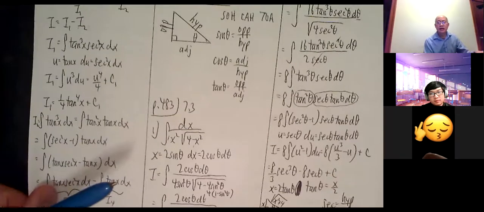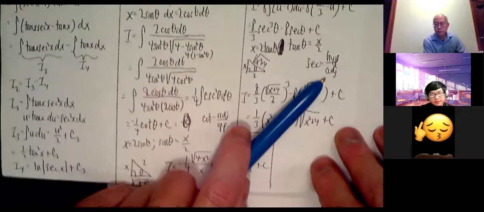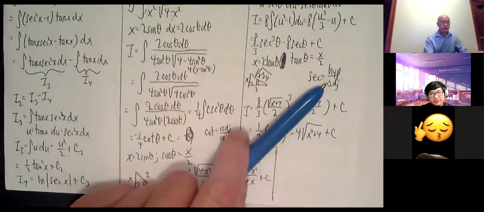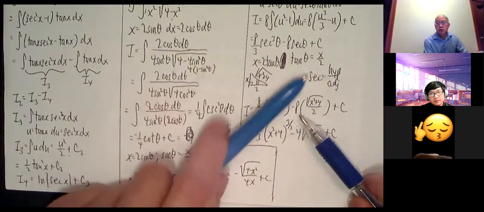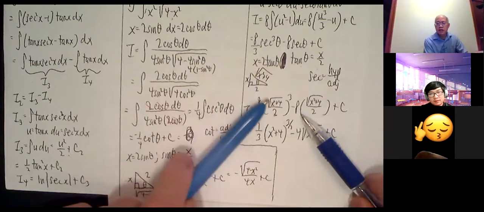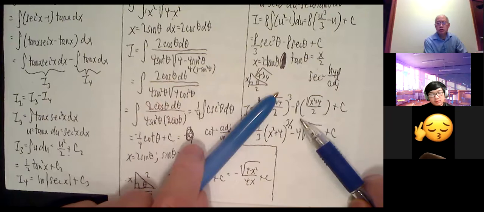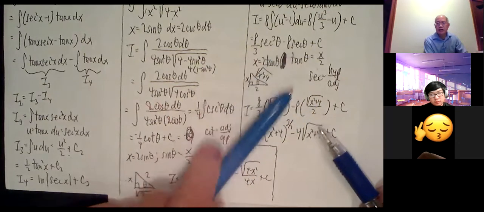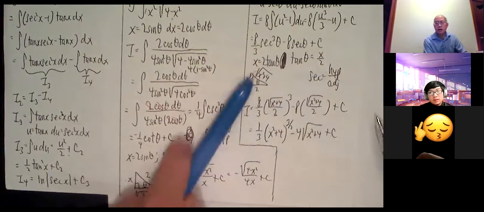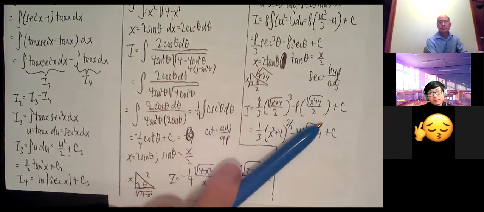Therefore, secant is hypotenuse over adjacent. So there we go. 8/3 secant cubed: hypotenuse over adjacent, radical x squared plus 4 over 2, quantity cubed, minus 8 times, again, secant theta, hypotenuse over adjacent, radical x squared plus 4 divided by 2, plus c.